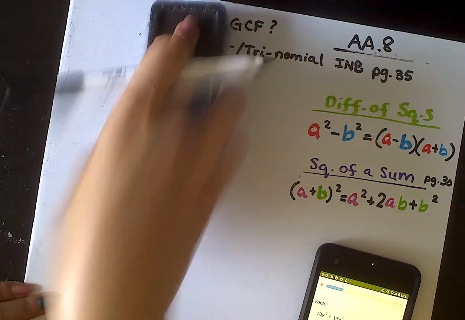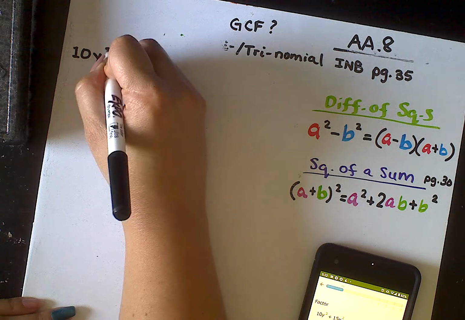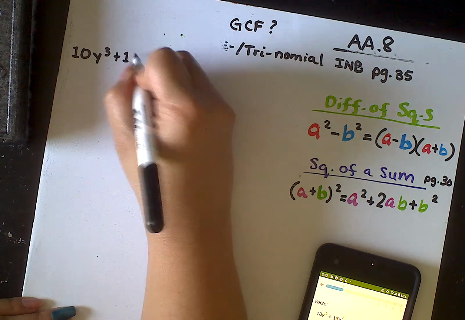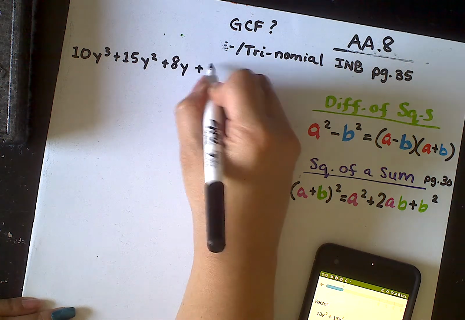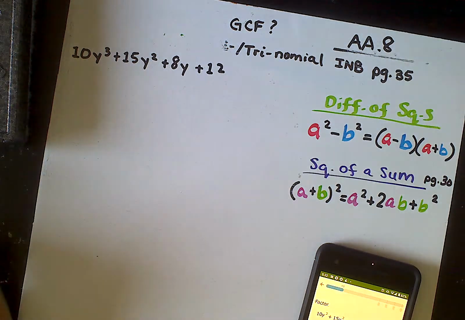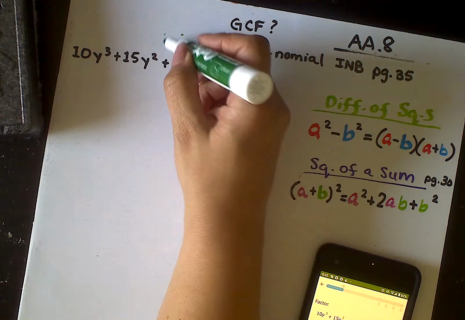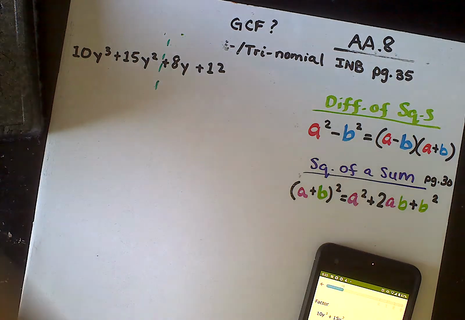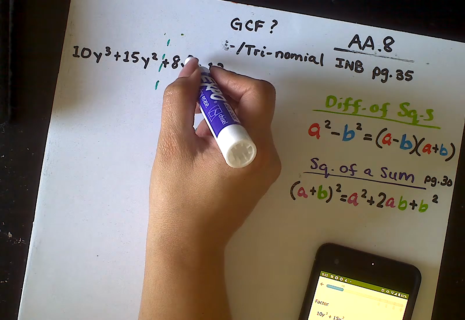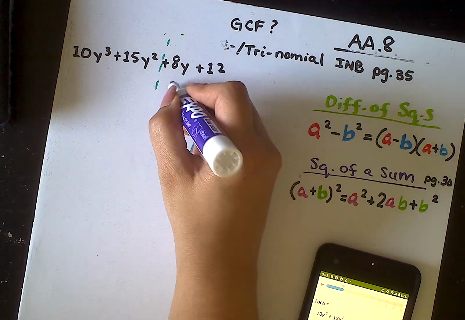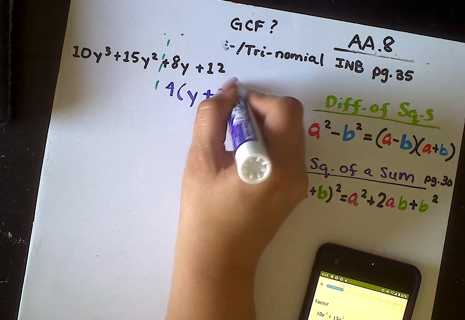Instead, it's going to give us a factor by grouping because I have 4 terms, like 10y cubed plus 15y squared plus 8y plus 12. Okay, so 1, 2, 3, 4 terms do not have a GCF. Split it down the middle. They both have 4 in common, and that's y plus 3.